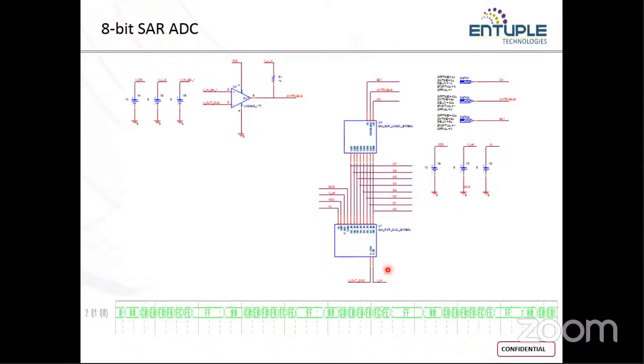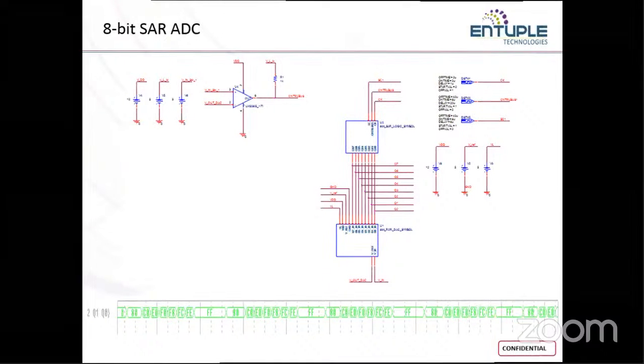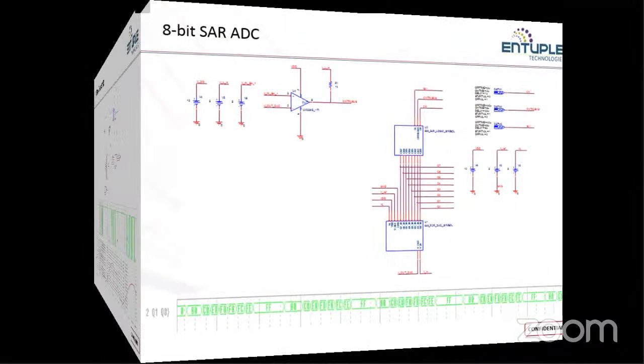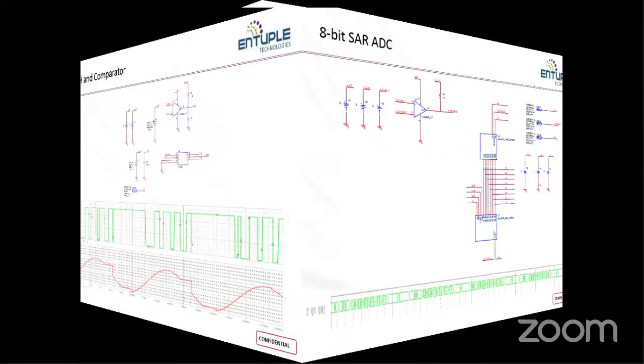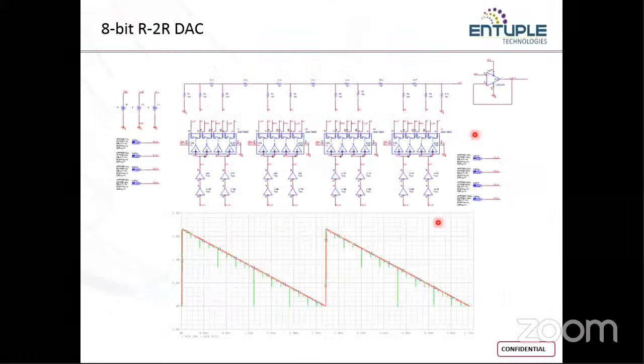Let me explain how we did this. We created the sample and hold circuit. Sorry, we created the R2R ladder network, tested this one, and then we created a top level hierarchy for this, because the entire circuit will occupy too much space.